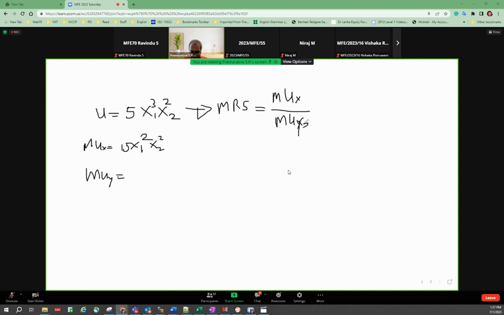I used X1 and X2. Sorry. The marginal utility of X2 in X1 power 3, X2 power 2. So now to find the MRS, we divide this by this, which means 15 X1 squared X2 squared, divided by 10 X1 cubed X2. So ultimately you get 3 divided by 2.